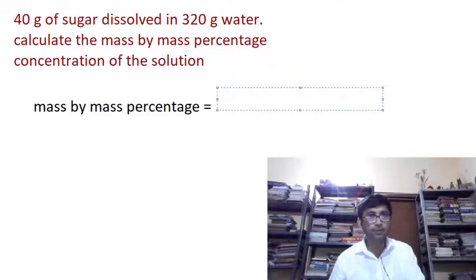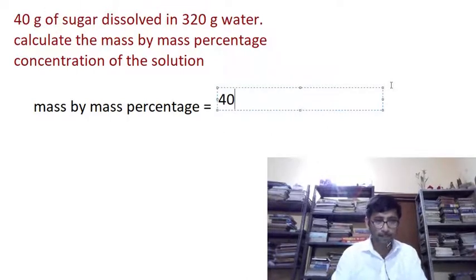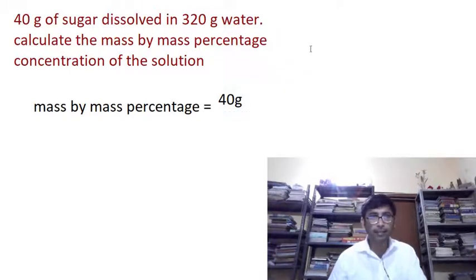Mass of the solute means the mass of the sugar, so that is 40 gram. And in the denominator we have mass of the solution. We have in the question the mass of the water, that is 320 gram.